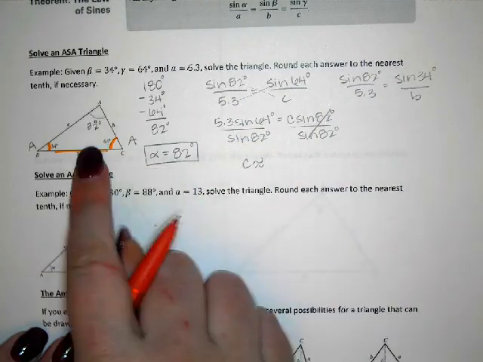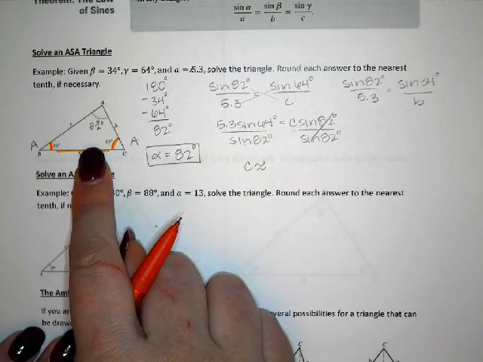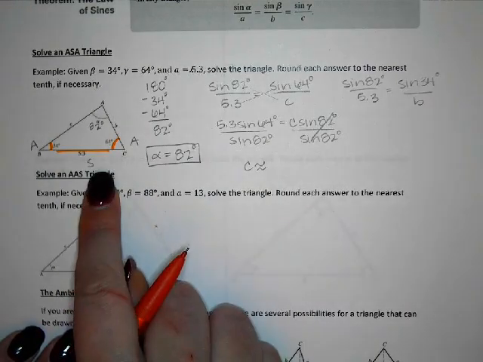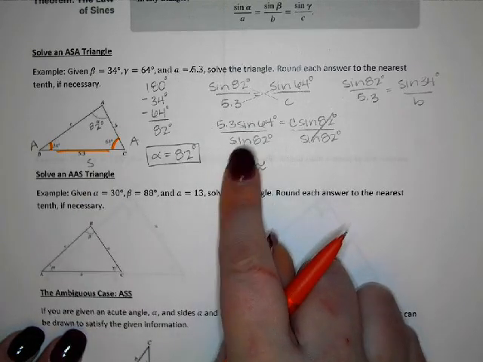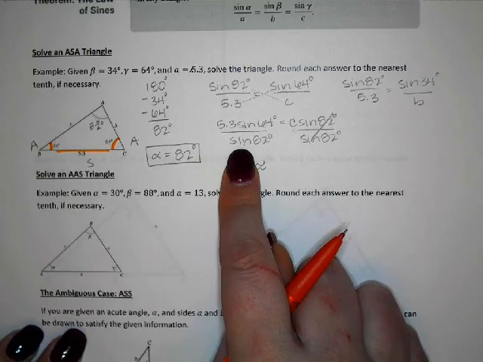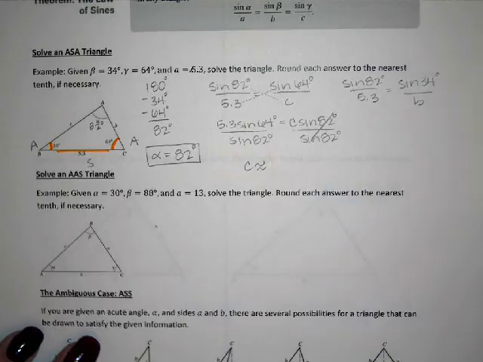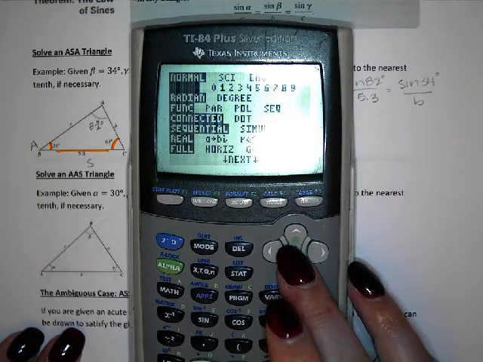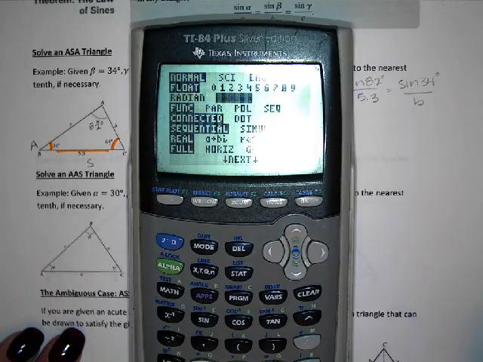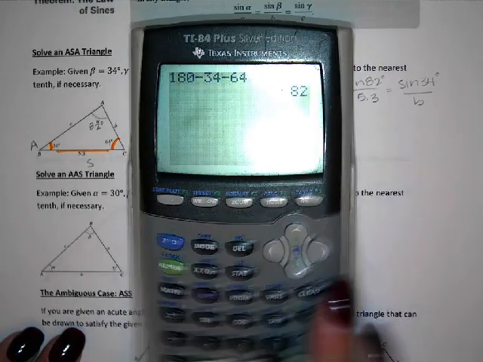Now, if you'll notice in this unit, we're dealing with triangles. Law of sines, law of cosines, they're going to deal with triangles. And so that means that when I hit the sine button and check what mode I'm in, I don't want to be in radians like I was in the last unit. I want to be in degrees. So first thing, I'm going to hit the mode button, make sure I'm in degrees, and then I can go ahead and type this in.